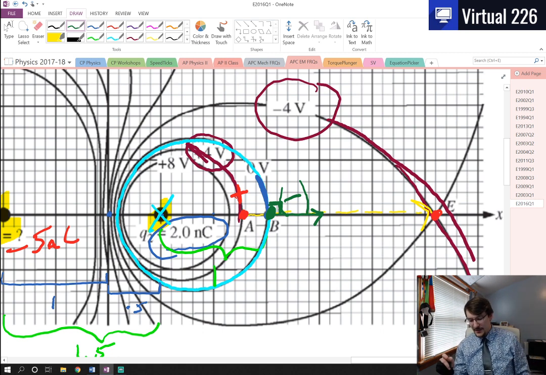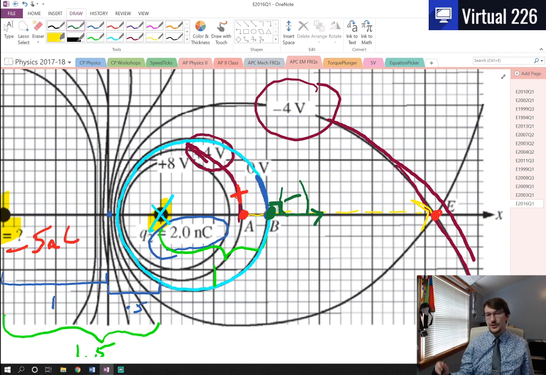Because of this, I know that since that electric field does exist, there will be some force there. It cannot be up or down because this electric field is to the right. It cannot be in or out, and it cannot be undefined because the electric field is there. It has to be either left or right here. I also know that electrons, being negative, move opposite to the direction of the electric field. So this electron is going to move to the left.